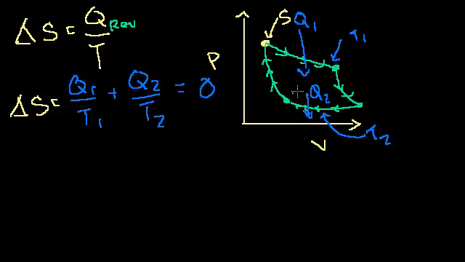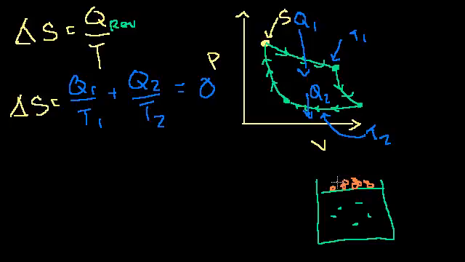Now we know that in order to even define a path here, the system has to be pretty close to equilibrium the whole time. That's the whole reason why throughout these videos I've been drawing this piston. I have the gases down here, and instead of having one big weight on top that I took off or put on, which would throw the system out of equilibrium, I did it in really small increments.